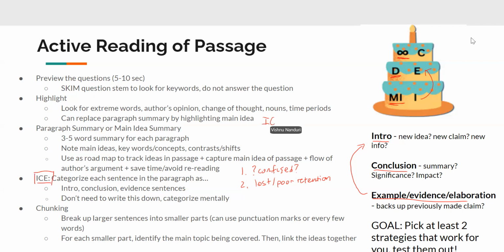There's so many versions of ICE that students have come up with, and I'm going to write down a few examples on the side. So if you don't want to say, oh, this is an intro, you can just say new info. I have some students say new idea. I even have some students just say start. Like this is the first time we're learning about a topic, we're starting off with that.